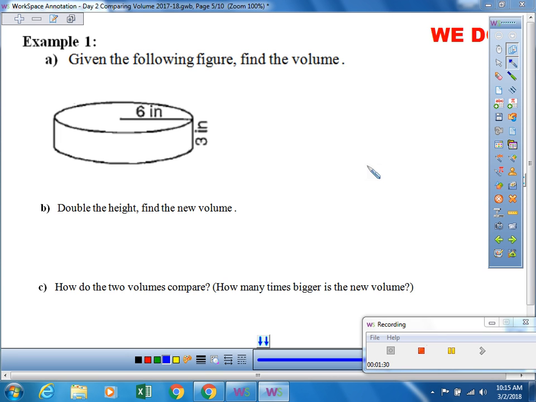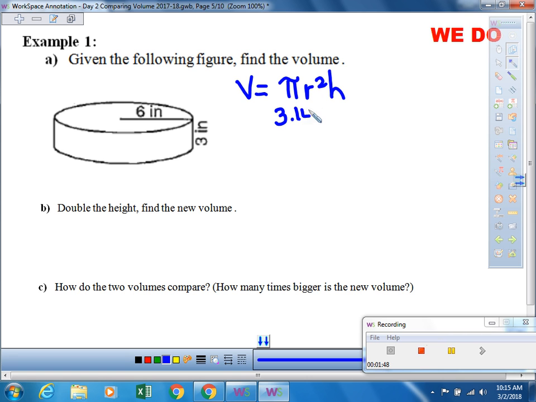And if you don't remember, we have the formula of V equals pi r squared h. This 6 is what? Radius.